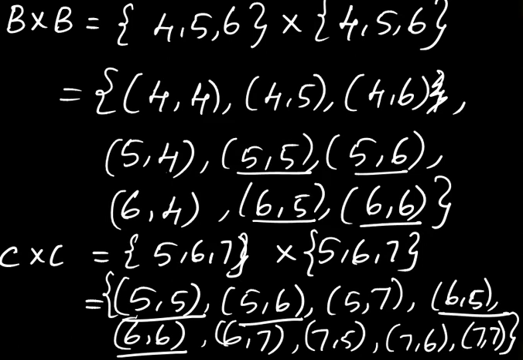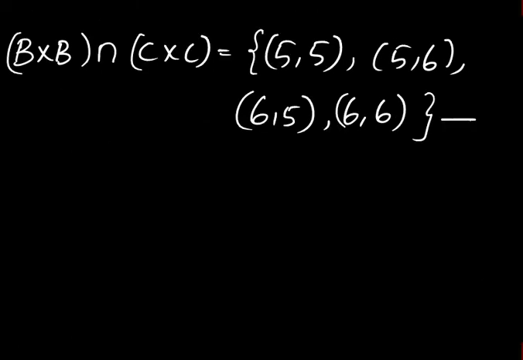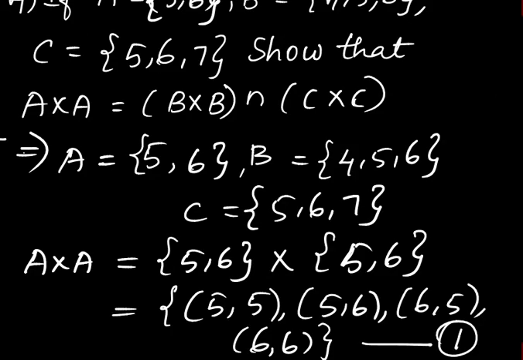So in the next step, write B cross B intersection C cross C and then write these 4 ordered pairs. After writing these ordered pairs, mark this equation as 2. So now compare your equation 1 and 2 and check whether you have (5, 5), (5, 6), (6, 5) and (6, 6). So this is our equation 1. We have the same ordered pairs, that is (5, 5), (5, 6), (6, 5) and (6, 6).